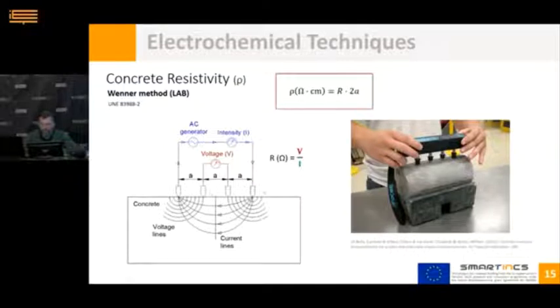The two outer electrodes send current to the concrete, while the two inner electrodes measure the electrical potential. The electrical resistance is obtained again as the ratio between the measured voltage and the applied current, multiplied again by a geometrical factor that only depends on the electrode spacing, the parameter A.